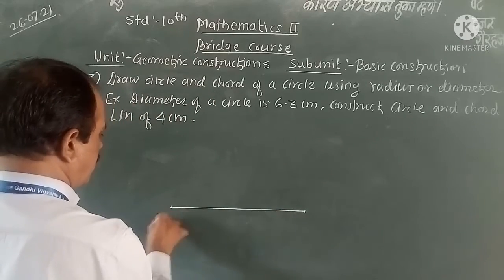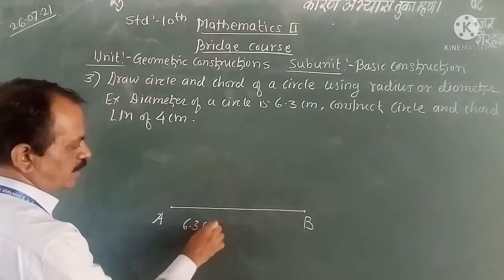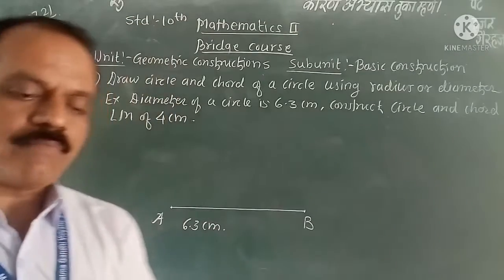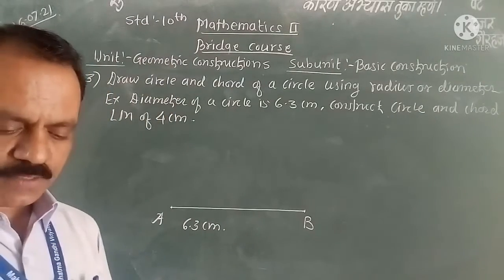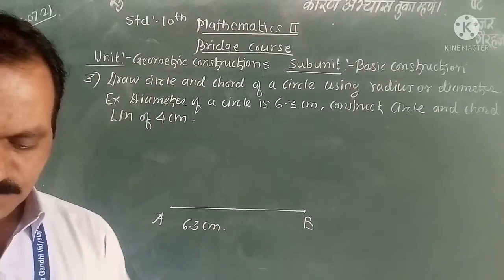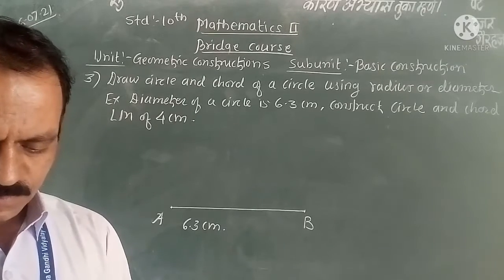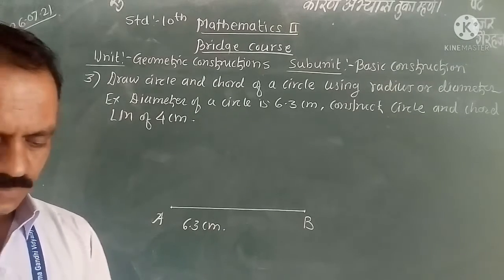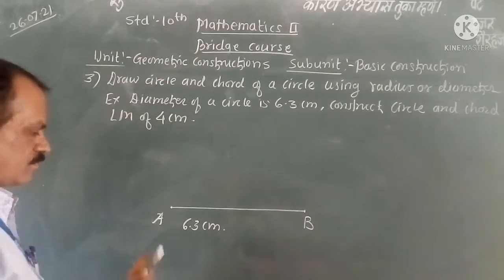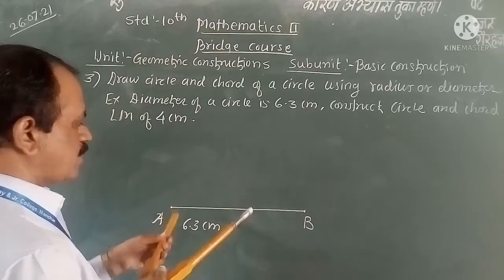This is segment AB, 6.3 centimeter. Draw its perpendicular bisector by the previous construction. Use here: make an arc on both sides.